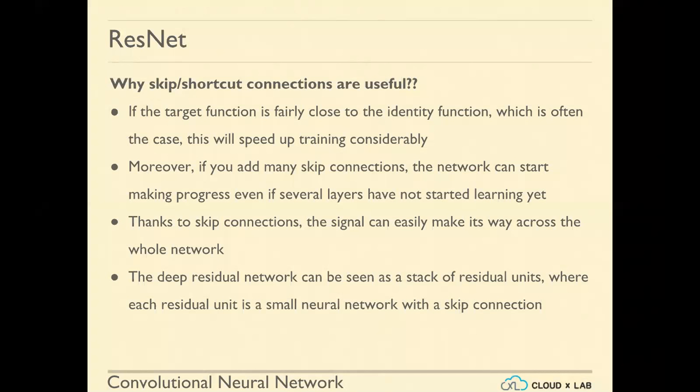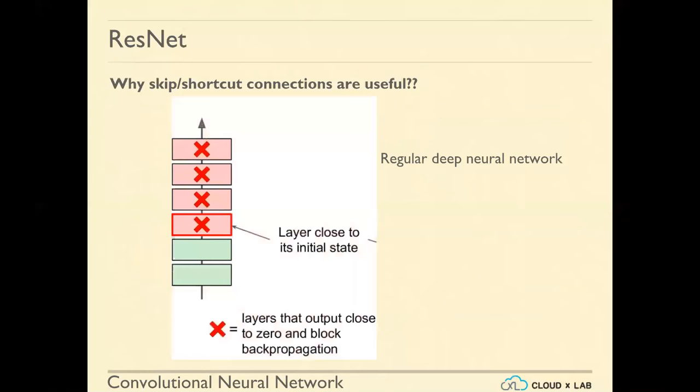So the signal can make its way across the whole network, even if some of the layers are dead or have not started learning yet. So the deep residual network can be seen as a stack of residual units where each residual unit is a small neural network with a skip connection. All right.